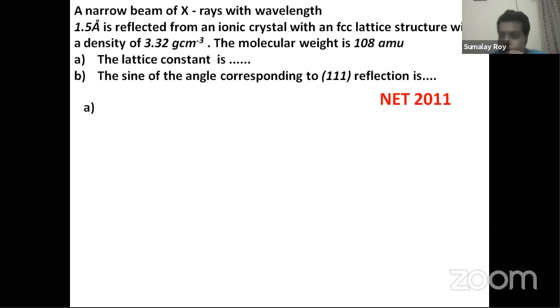Using density formula, Arya Gauri said. By density formula, what do you mean? I know the density of a substance is mass by volume. You mean that? Smriti Chakraborty said rho equals Z into M by N A cube.